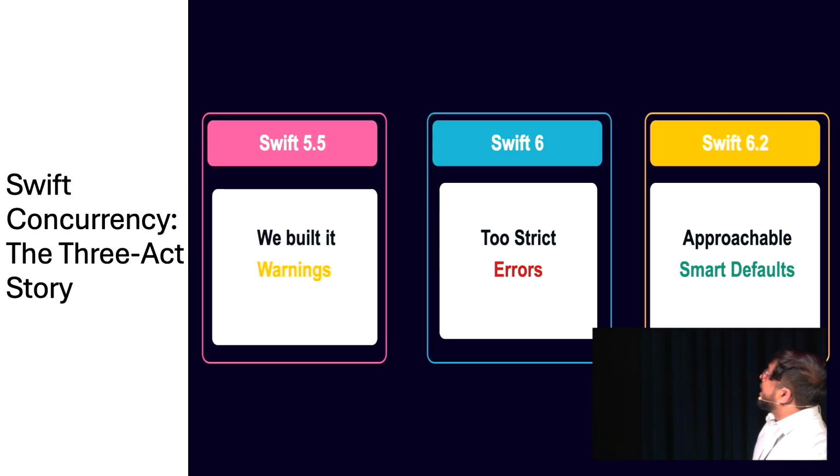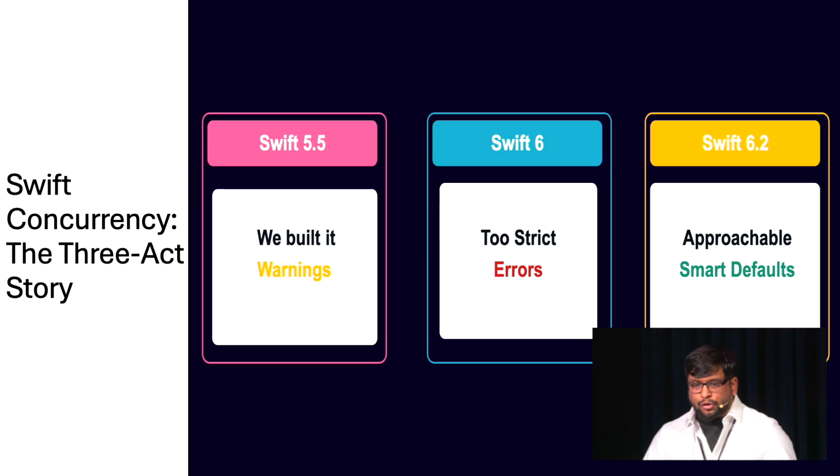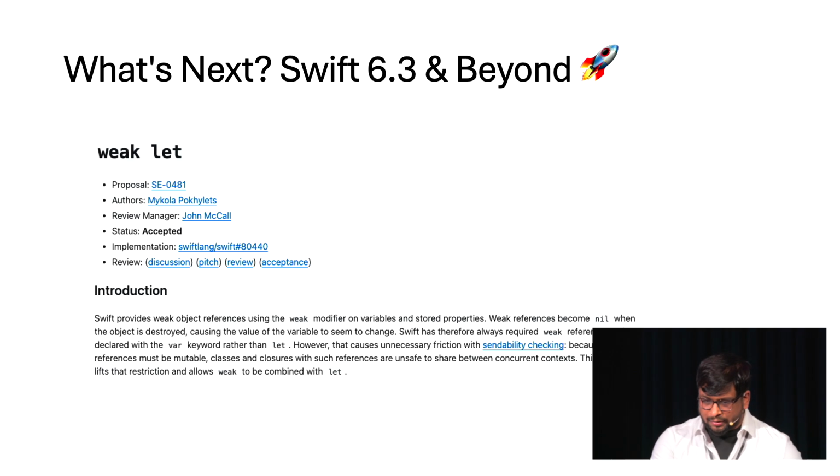Act 3, we have 6.2, approachable concurrency. The correct path is now the easier path. Features like smarter defaults, inference, and main actor by default. Now it's safety and usability. So, a classic 3-act structure: introduce the concept called concurrency, make it too strict, the struggle, and then find the resolution with balance. We are now in Act 3. Swift concurrency is finally approachable.